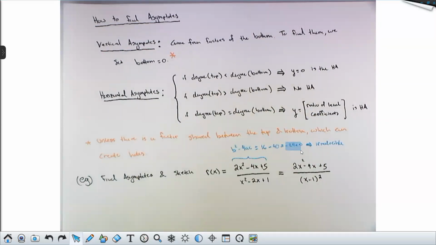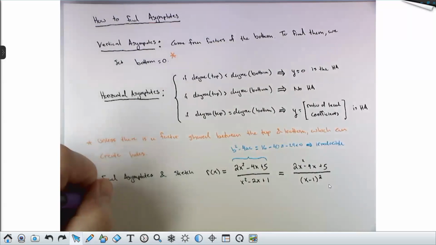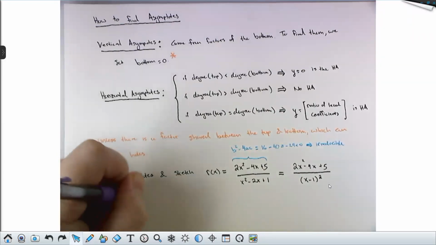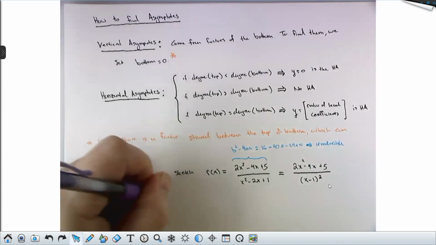Since that's negative, any roots would be non-real complex numbers involving the number i. So no worries about something canceling. I do see when the bottom is 0, though. When is the bottom 0? 1. Good. So the vertical asymptote is the vertical line x equals 1.